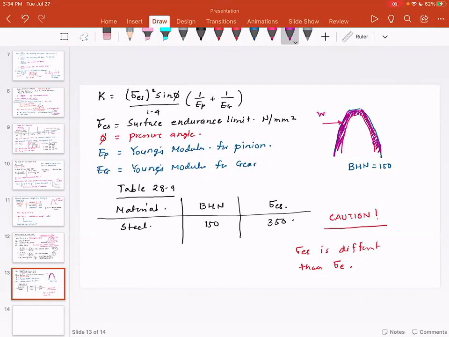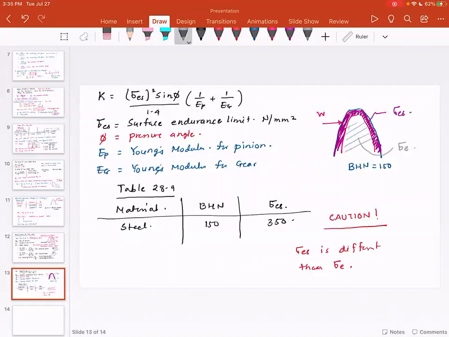So the endurance strength here is sigma ES, and the endurance strength which is here is sigma E. And this is a very important difference.